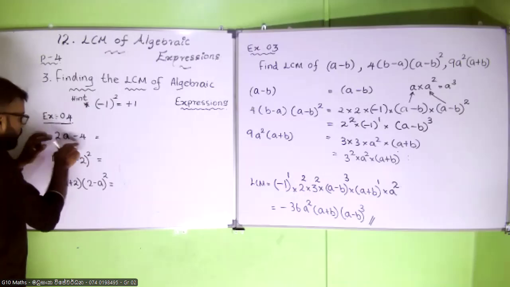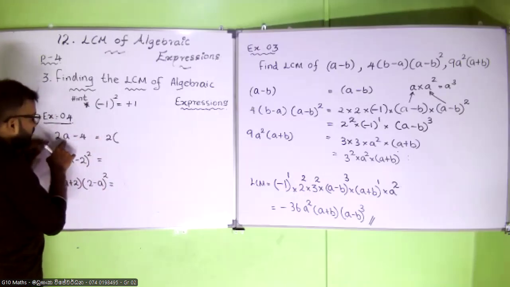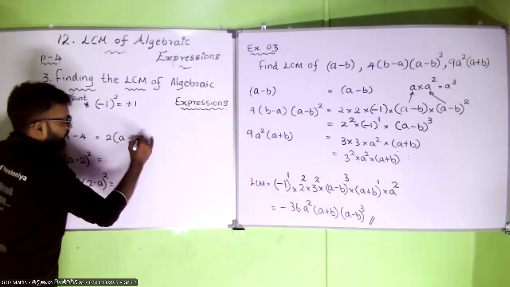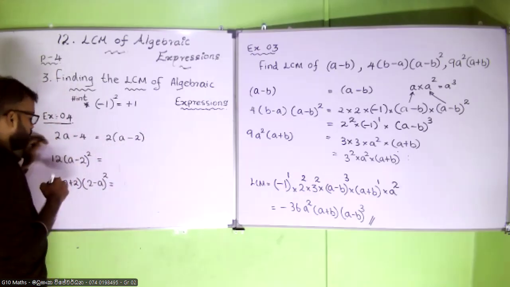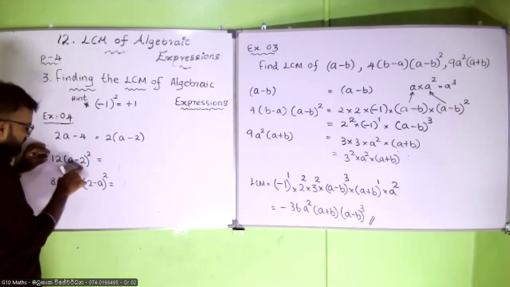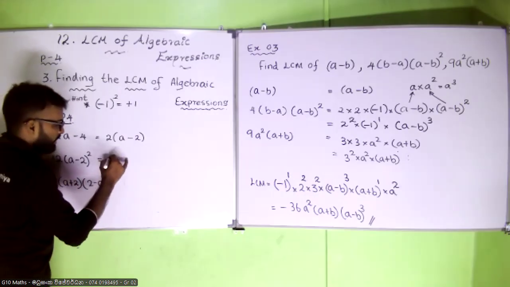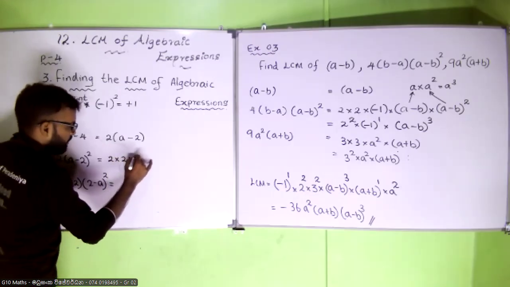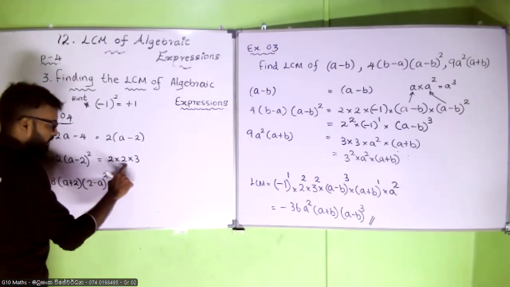Right? So 2a minus 4. You can take out the factor 2, so that inside the brackets you will have a minus 2. No need to factorize this one, you already have factors, but 12 you can represent as 2 times 2 times 3, using prime factors.